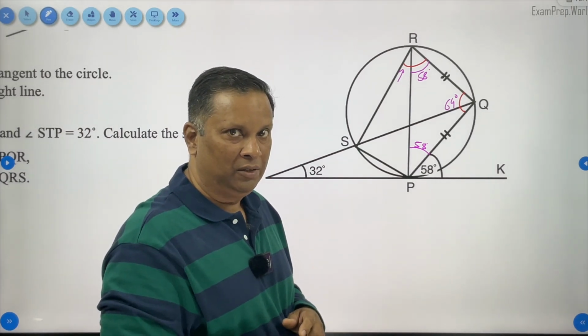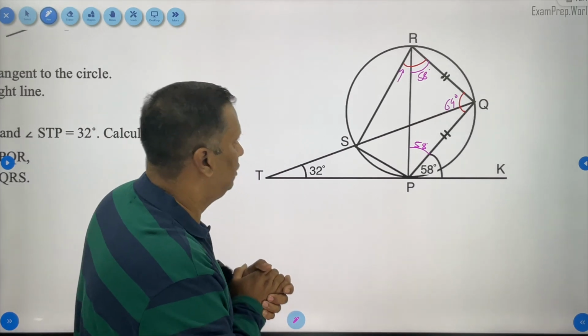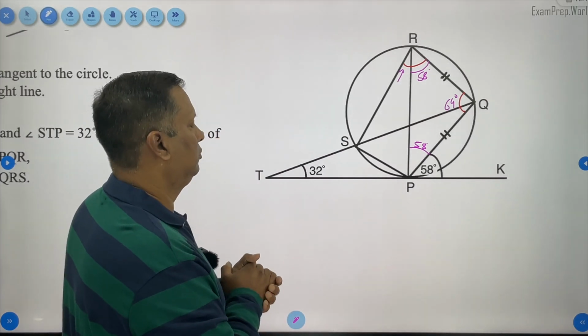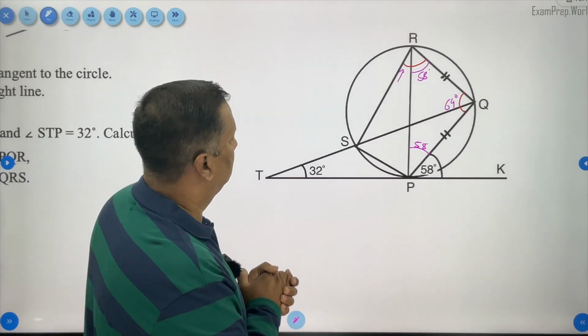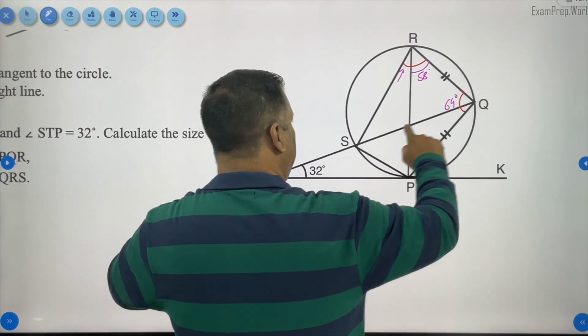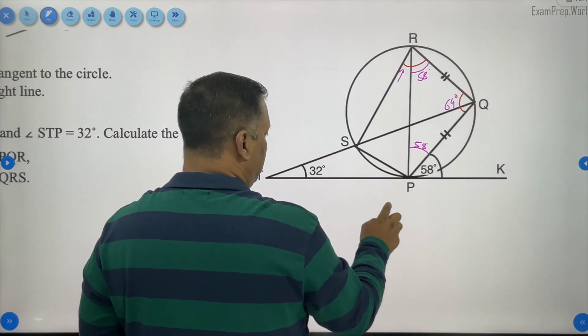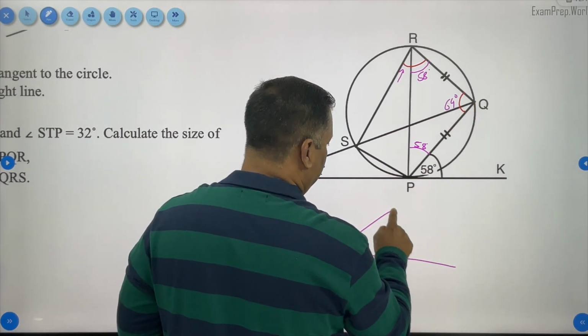Now to do this, look at this triangle. Which one? This TQP. You remember, this is external angle of a triangle.